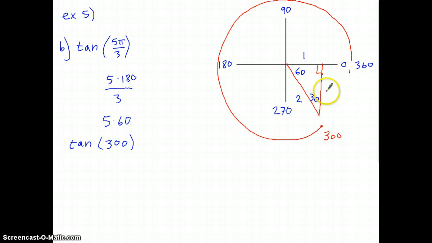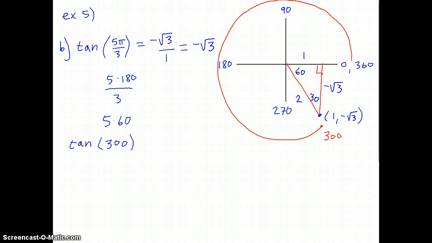And the side over here is going to be a minus root 3, right? Tangent's definition corresponds to y over x, and we have our point, x is 1, y is negative root 3. So we end up with minus root 3 over 1, which is just minus root 3.